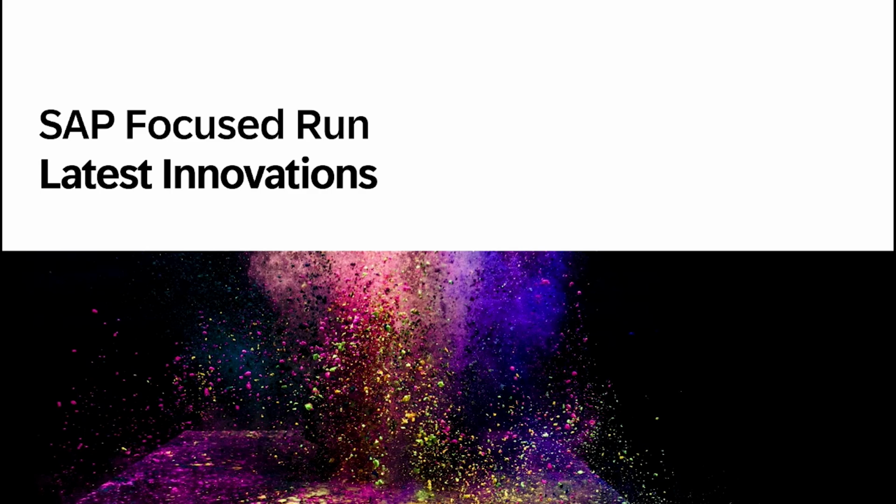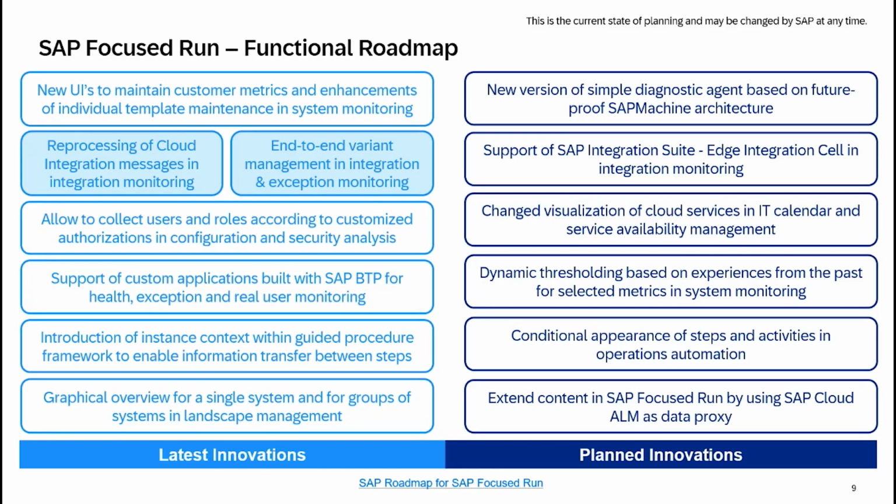Coming then, after this general introduction and overview, to our latest innovations. I'm not going over all the different use cases and their purposes now, because I think we have done that over the last years. And from the concept point of view, as mentioned already, they are also matching with the capabilities in Cloud ALM. So from our functional roadmap, what have been our latest innovations, as you can see here on the left side.